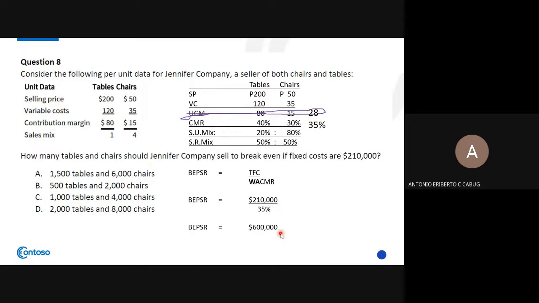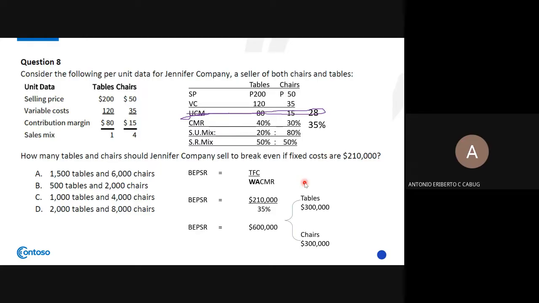Ngayon, paano natin i-breakdown to sa tables tsaka sa chairs? Dito papasok yung revenue mix. Dahil naka-sales revenue ito, i-breakdown natin to 50-50. 300,000 coming from tables, and then another 300,000 coming from chairs.